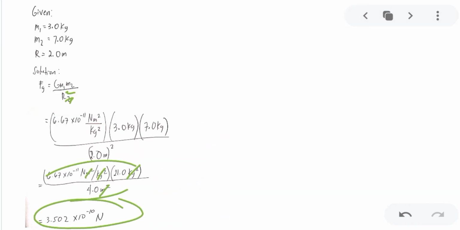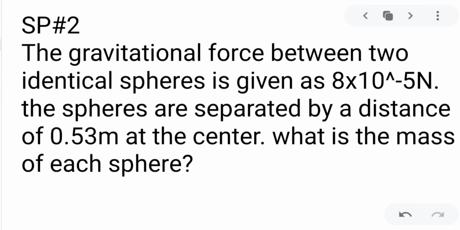Sample problem number 2: the gravitational force between two identical spheres is given as 8 times 10 raised to negative 5 Newton. The spheres are separated by a distance of 0.53 meters at the center. What is the mass of each sphere? We are looking for the mass of the identical spheres.